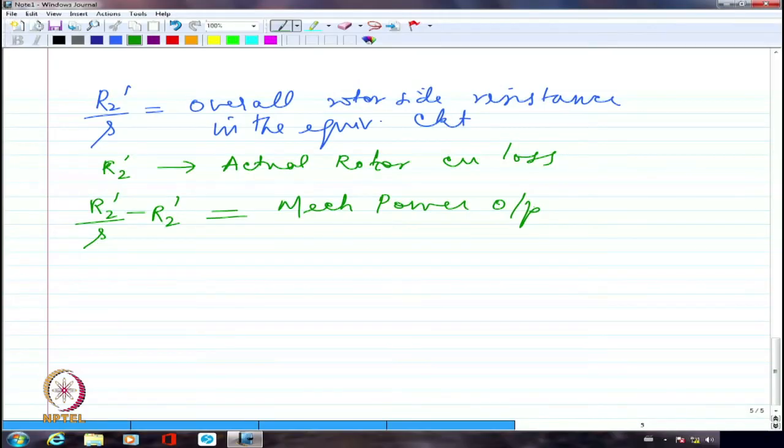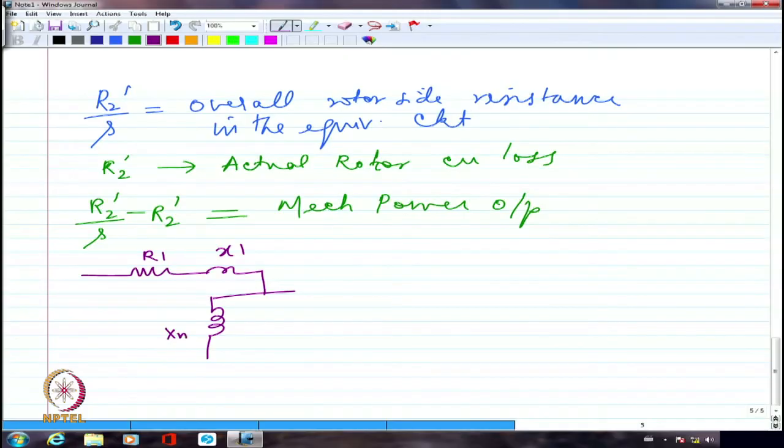That's all. So, I can now draw the equivalent circuit like this, saying that this is R1, this is X1, this is XM, this is RC.